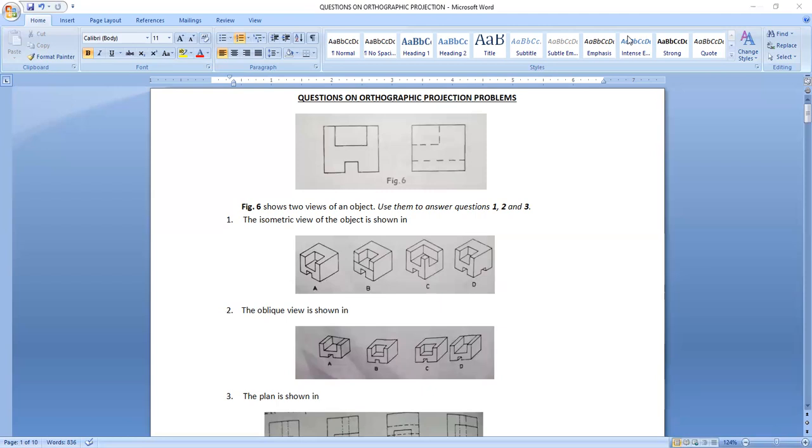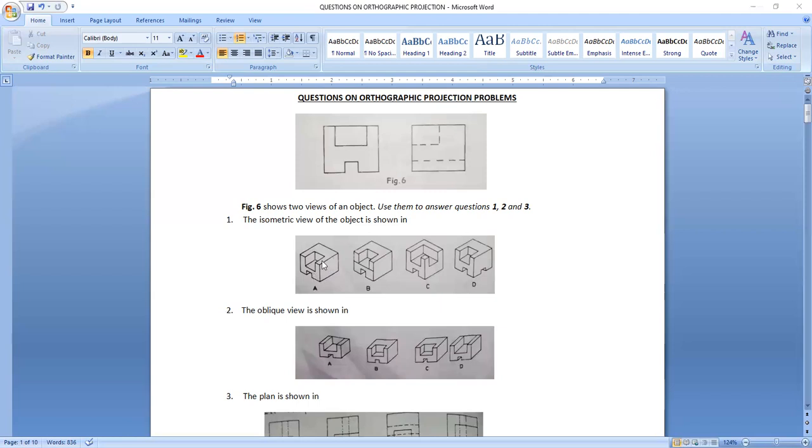Now, let's start with question 1, in which we are to use this diagram in figure 6 to answer questions 1, 2, and 3. Figure 6 shows 2 views of an object. Question 1 says that the isometric view of the object is shown in, so looking at what we have here, option A gives us the isometric view of the object.